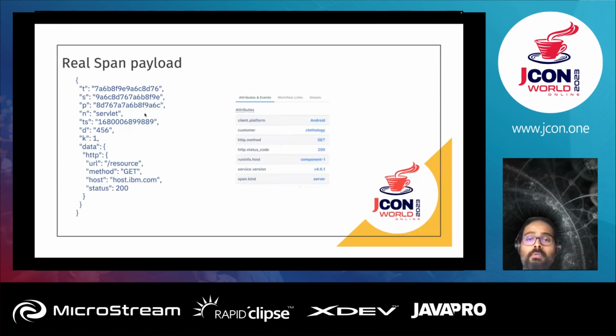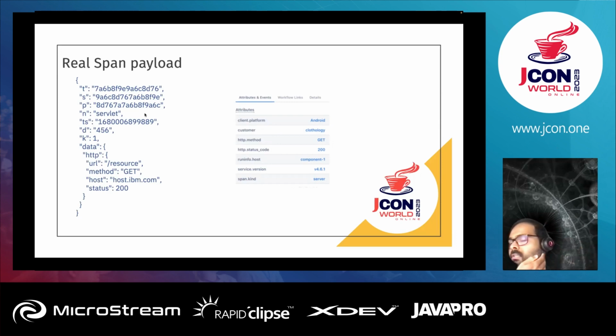So this is how the span looks. It's basically a JSON payload I have shown here. It has some basic parameters which we just discussed. The first one being the trace ID, then the span ID, parent ID, and N is the name of the span. This name is given by the instrumented code. For every span it generates, it puts a name so that you can uniquely identify the service.